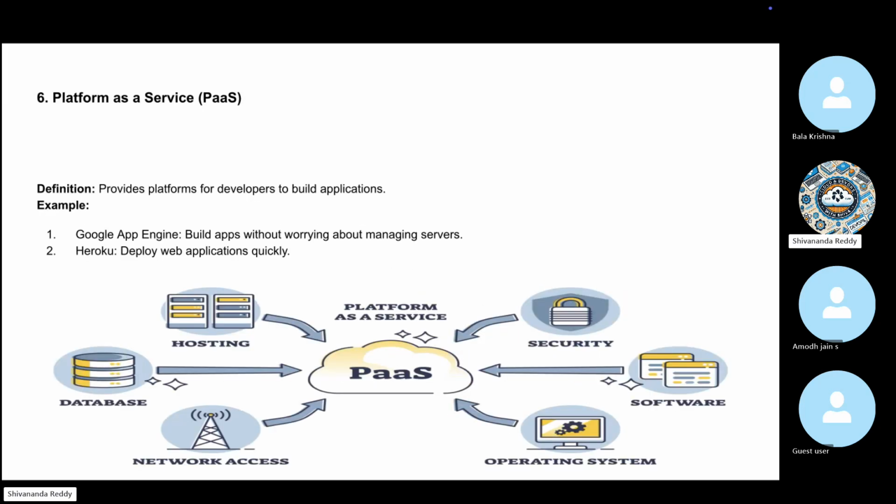What is PaaS then? It provides a platform for developers to build applications. For example, Google App Engine lets you build apps without worrying about managing servers. Heroku lets you deploy web applications quickly.